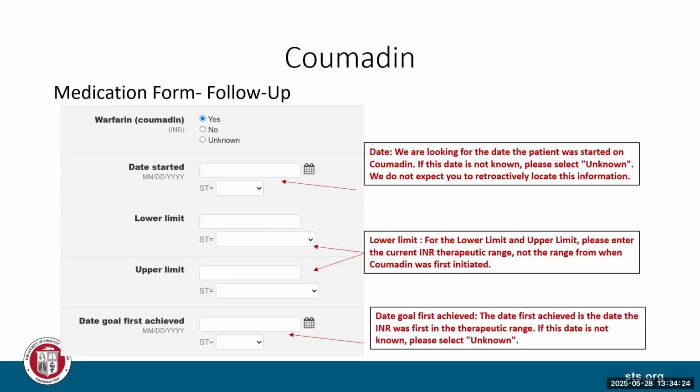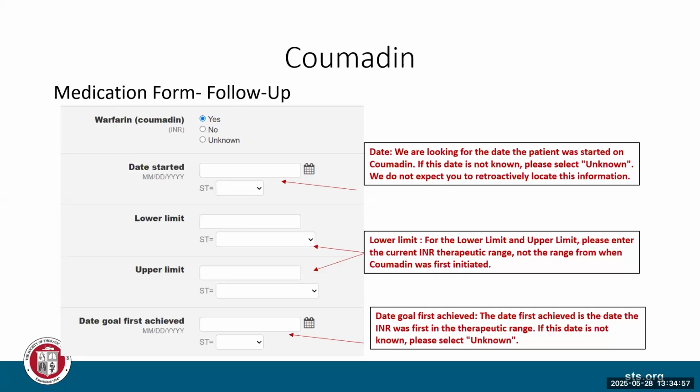It's the date the goal was achieved during the follow-up period, because otherwise you'll be looking back up to 10 years, and we don't want you doing that. Yes, that's how I worded it on the form. Okay, that's correct. Thank you.